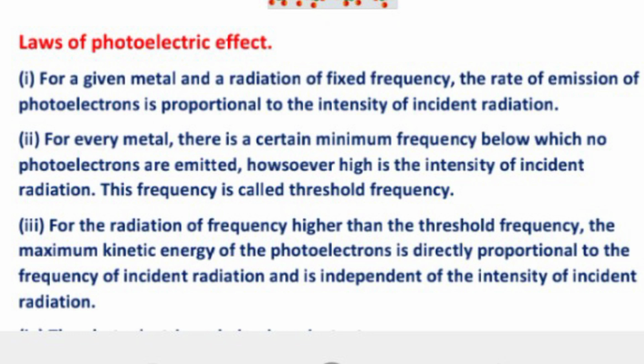Second: for every metal, there is a certain minimum frequency below which no photoelectrons are emitted, however high the intensity of incident radiation. This frequency is called threshold frequency. Number three: for radiation of frequency higher than the threshold frequency, the maximum kinetic energy of the photoelectrons is directly proportional to the frequency of the incident radiation and is independent of the intensity of the incident radiation. Fourth: the photoelectric emission is an instantaneous process.